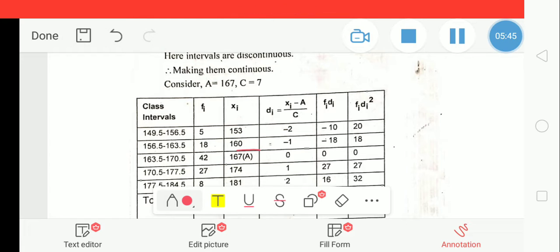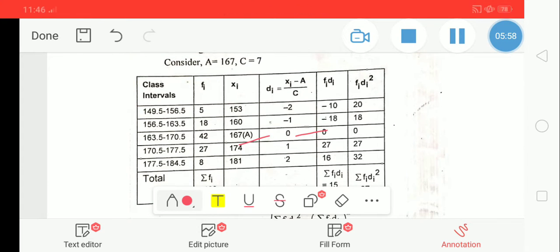Now 160 minus 167 divided by 7 gives minus 1. Then 167 minus 167 is 0, and 0 divided by 7 is 0. Now 174 minus 167 divided by 7 gives 1, and 181 minus 167 gives 14, divided by 7 gives 2.